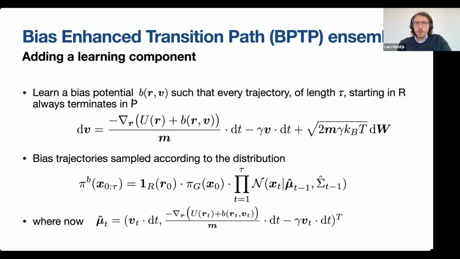And if we do this successfully, then this biased trajectory will be sampled according to this distribution here. But now we always start in the initial set R, and our transition distribution is also incorporating this bias potential B in its update step.